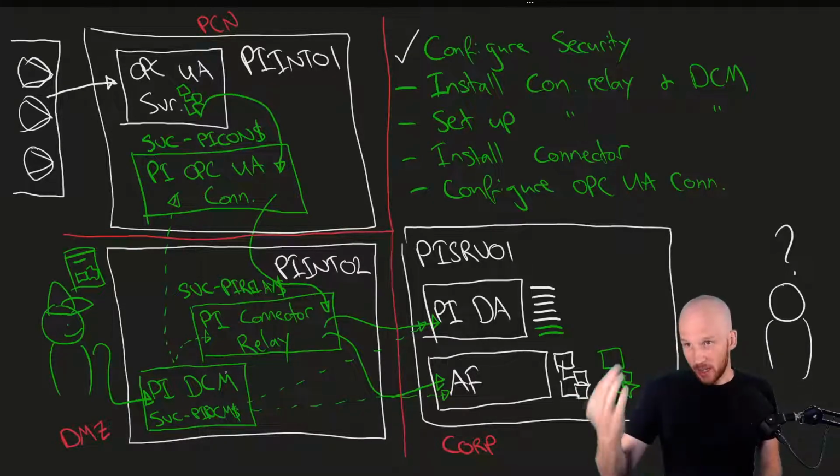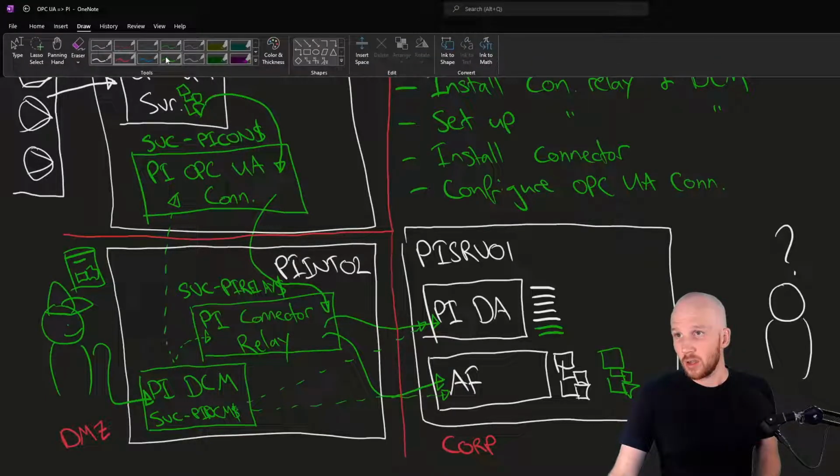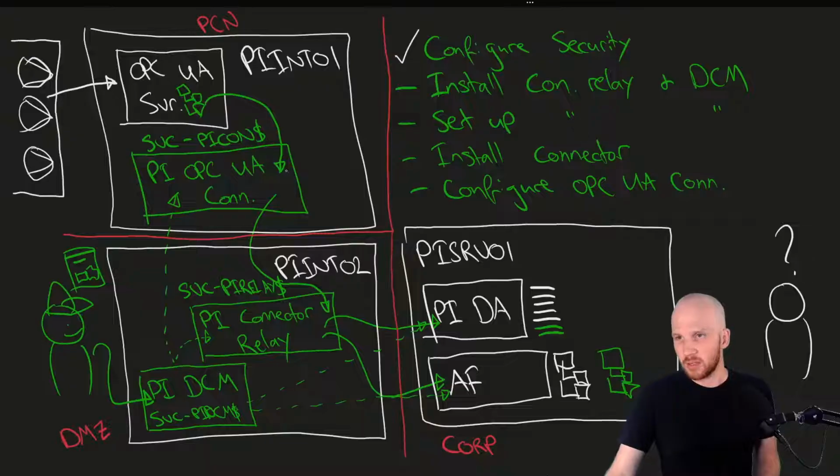The actual communications between, we chose the port numbers where connections are going to communicate. So this was 5460. DCM to there was 5460. And DCM to there was also 5460. And the actual DCM incoming was 5461.